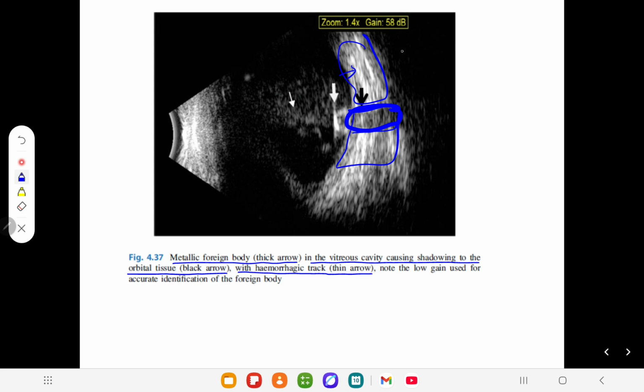Normally it should be like the upper one, but it is like this because the metal here holds the sound wave, and the sound wave which cannot pass created a shadow here, where we should expect a white area because of the retina and the sclera, isn't it? So that's what I'm talking about.